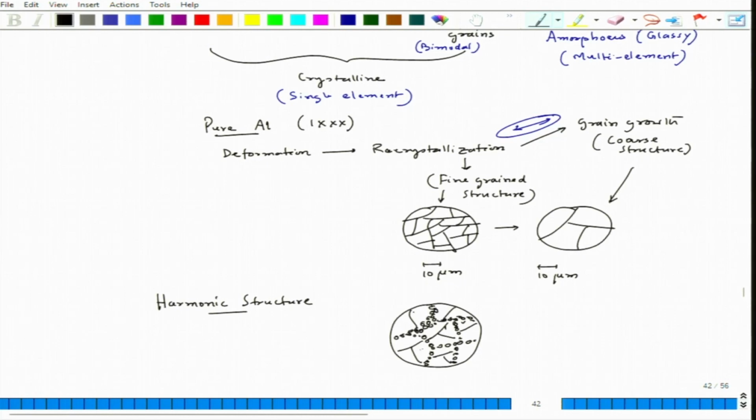You could see that these are coarse grains, and these are fine grains.